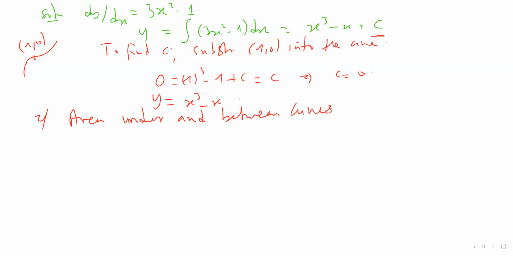So for instance, if you have a curve y equal to f of x, you can find the area under such a curve from the point x equal to a to the point x equal to b.